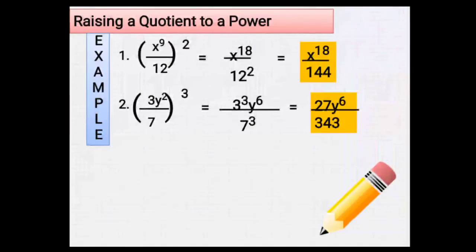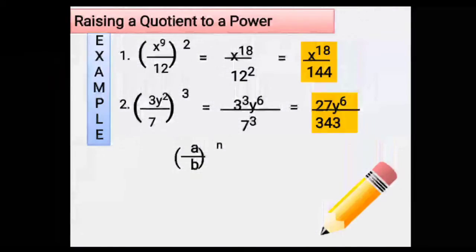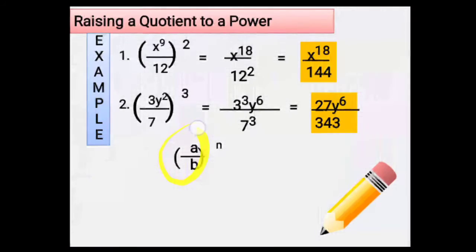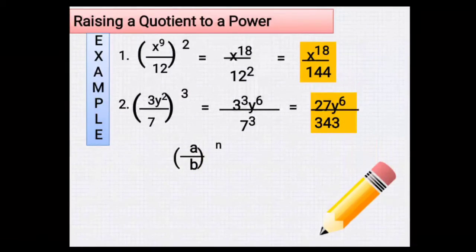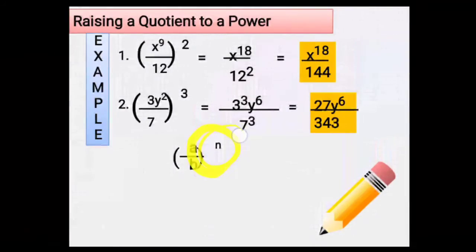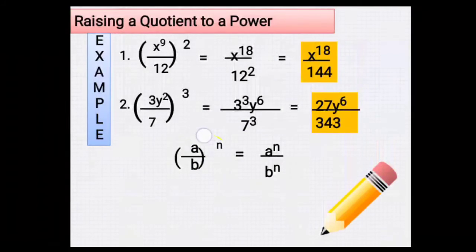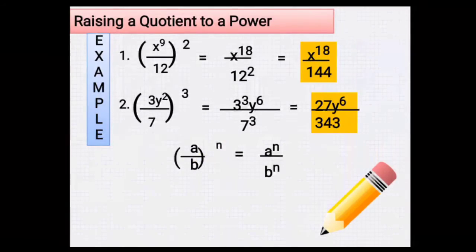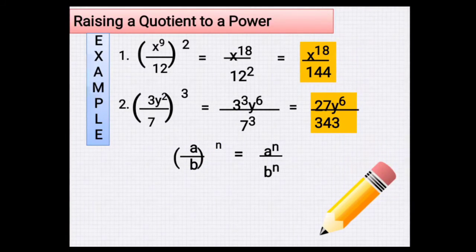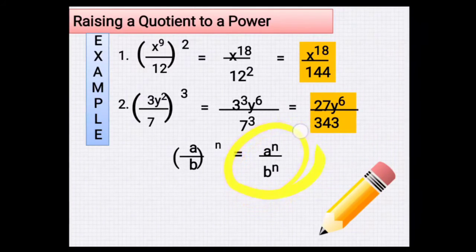So if the operation of the given expression is division and there is an exponent outside the parentheses, what you are going to do is distribute the exponent on the numerator and on the denominator. That's why we have a raised to n divided by b raised to n.